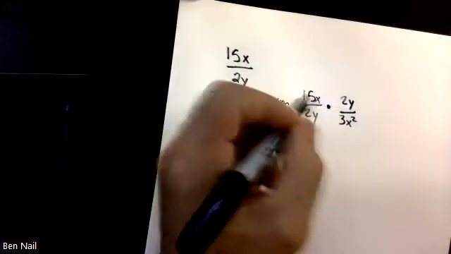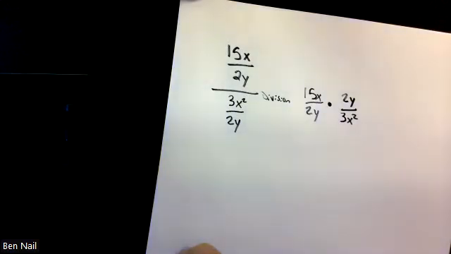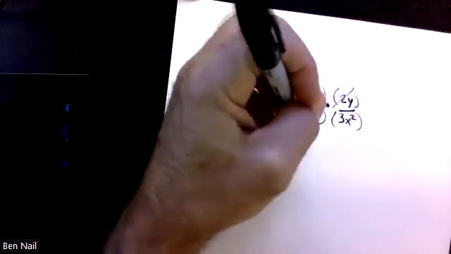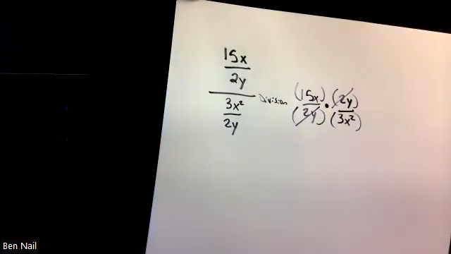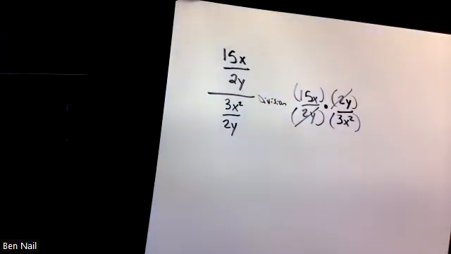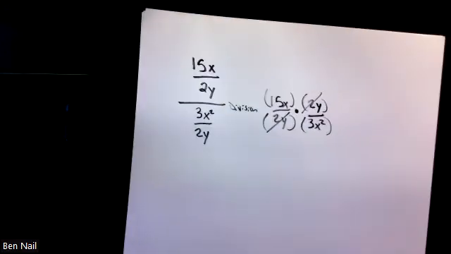Now, multiplying goes back to the lesson that we did last time. We can cancel common factors. So as long as we're multiplying, which we are, we can cancel factors that are the same on the top and on the bottom. So for example, those two y's essentially cancel each other out.